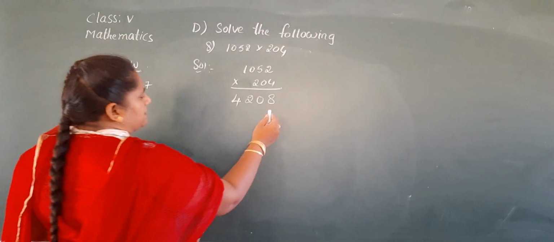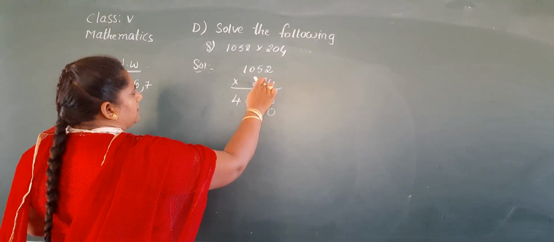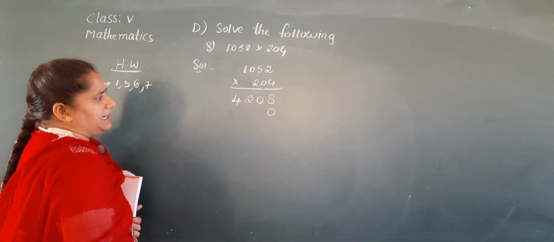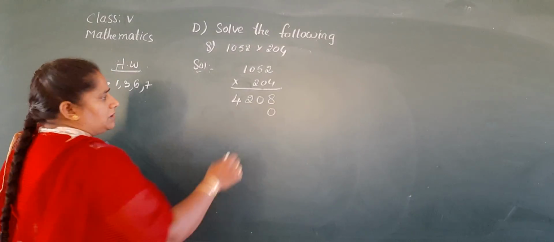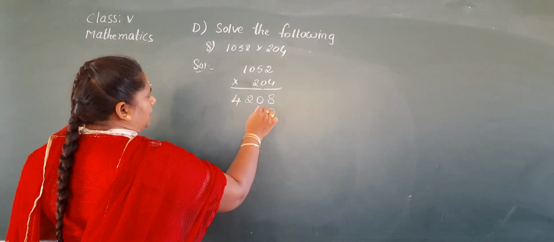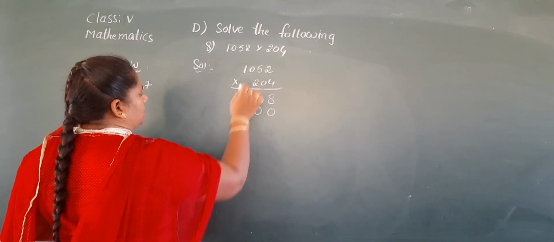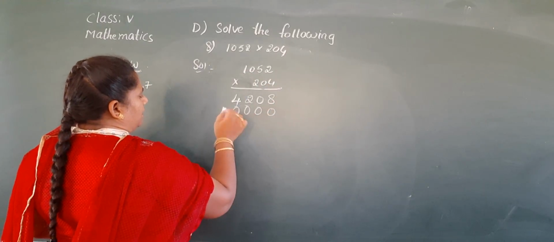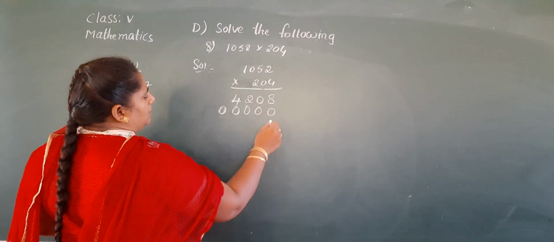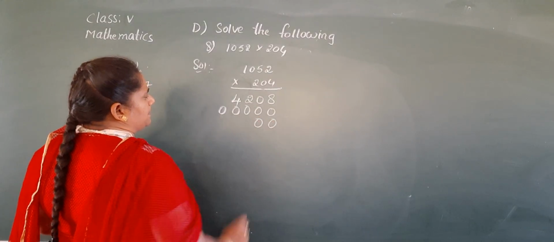Now keep 0 in the 1's place and start from the 10's place digit. Here the 10's place digit is 0, so we get 0 only. 0 2s are 0, 0 5s are 0, 0 0s are 0, 0 1s are 0.